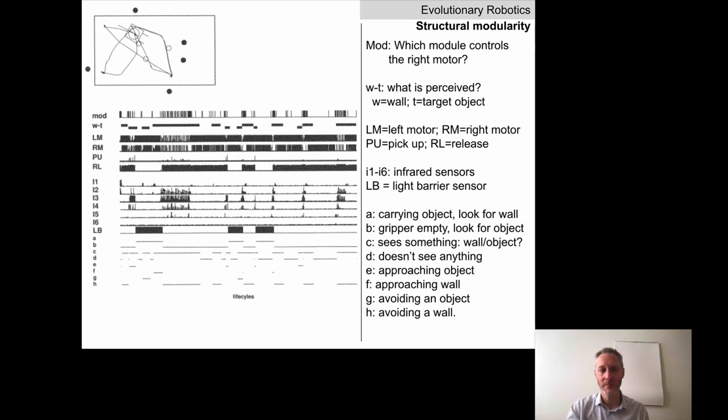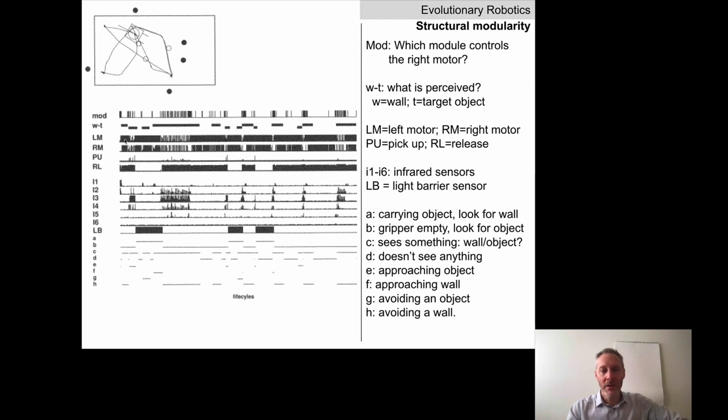More of the infrared sensors are firing. So when a lot of the I sensors are being tickled by the wall, and the light barrier sensor is broken, so the robot is holding an object and it's in front of a wall, release is triggered. The robot lets go of the object.